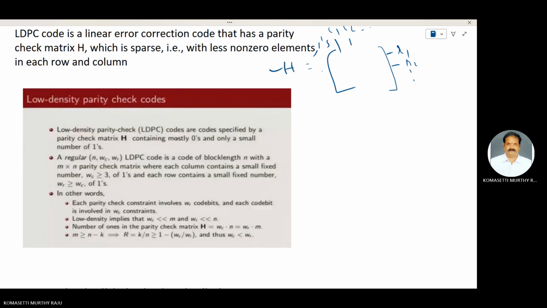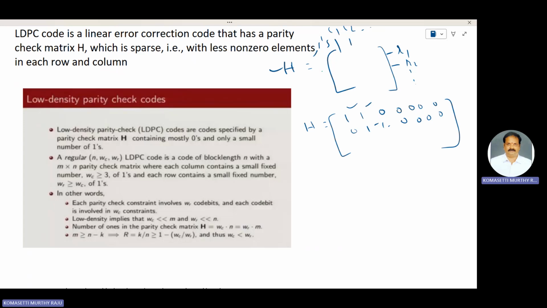Next. Low density parity check codes are codes specified by a parity check matrix containing mostly zeros and only a small number of ones. Mostly zeros, like that, and only a small number of ones, like that.